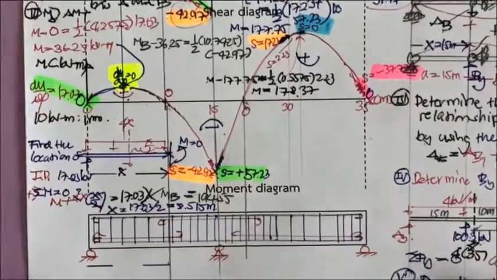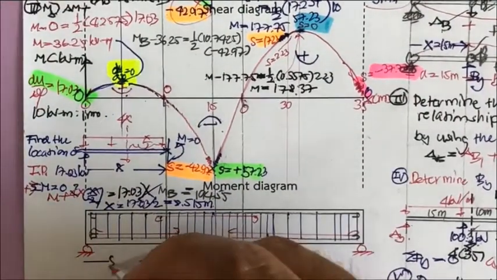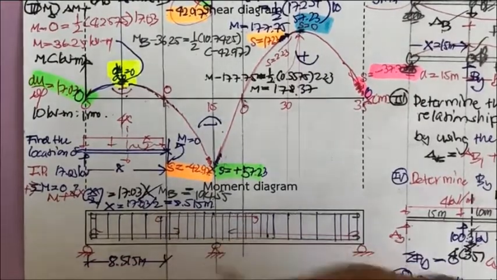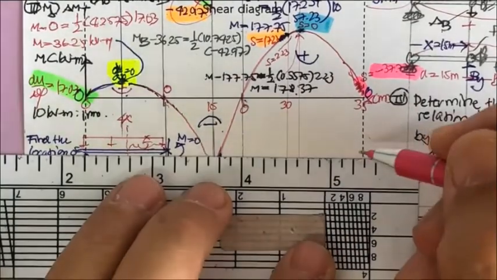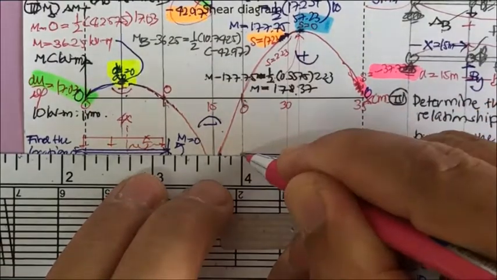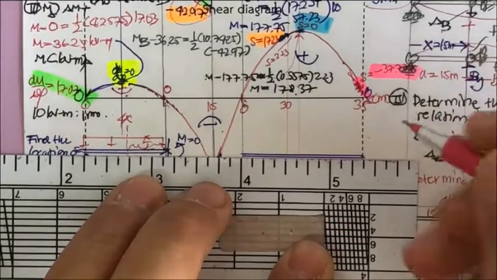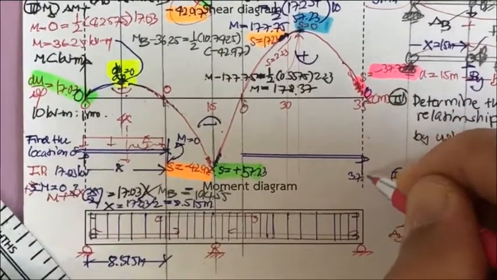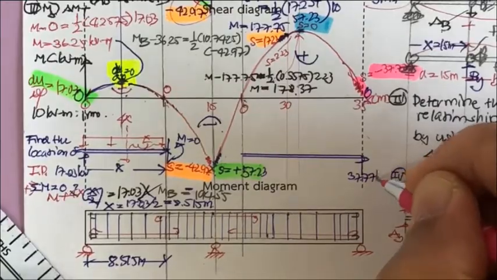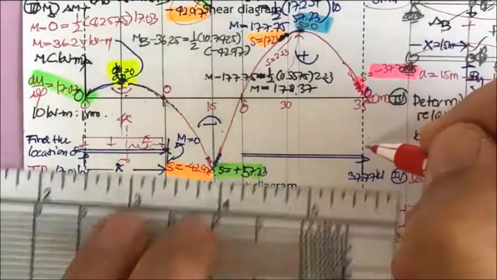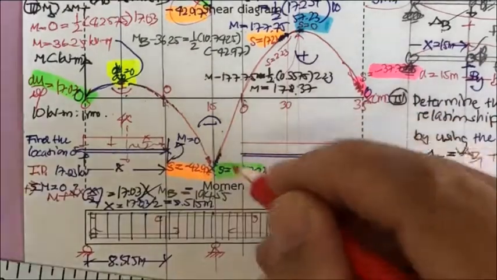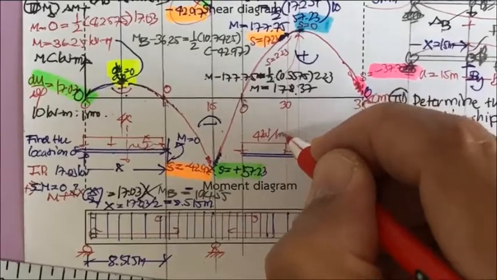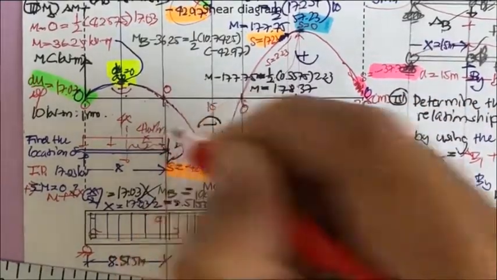So you have this, okay, at 8.515 meter from here. And for this one, you also can find it. Okay, you have the reaction here of 37.33. Sorry, 37.77 kilonewton. And you also have this 4 kilonewton per meter. 4 kilonewton per meter.